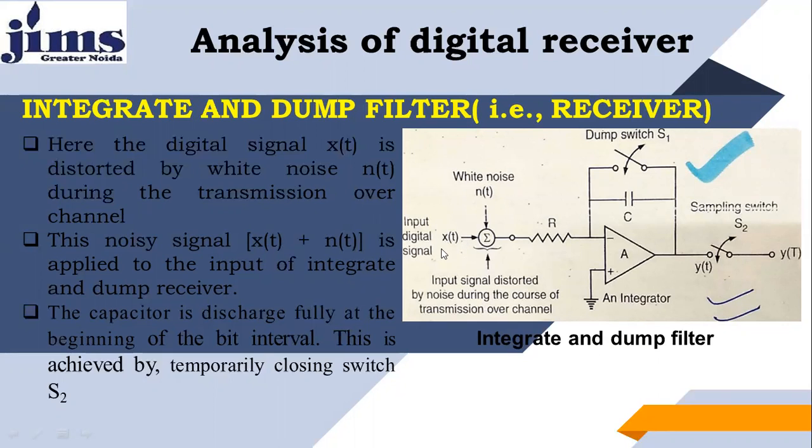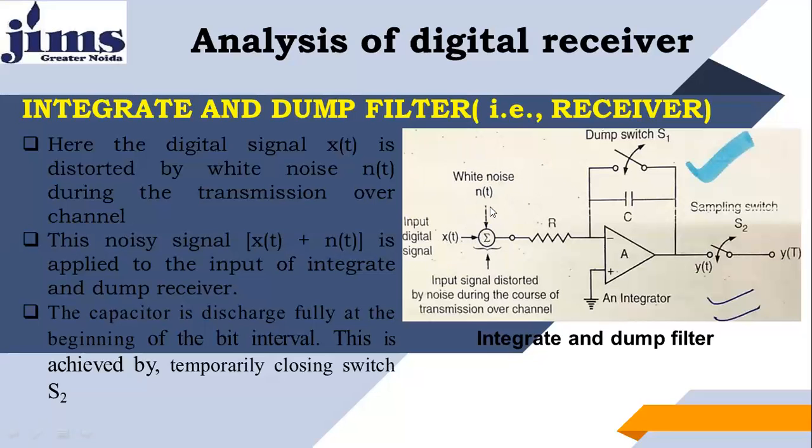So this is the input digital signal, which is of course a digital pulse, and that x(t) is to travel through a channel, and the channel always introduces white noise, n(t), and the nature of this white noise is additive.